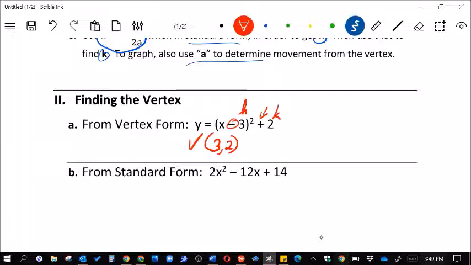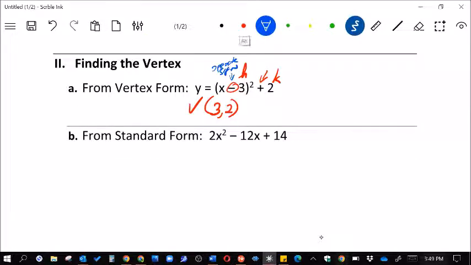Now, there's one thing, remember opposite sign. In the second one, in order to find the vertex, it's two steps.